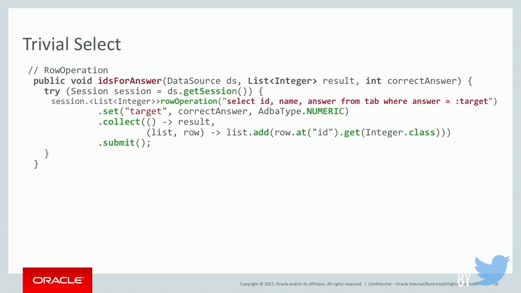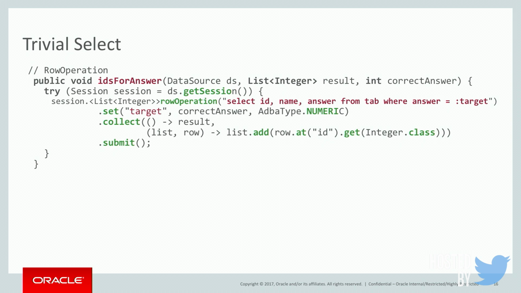A row operation is an operation which returns rows. The row operation will execute the select statement, select ID, name, answer from a table where answer equals a value. So we set a value for answer, which is the bind variable. And you can see that every time we specify the type of the parameter.